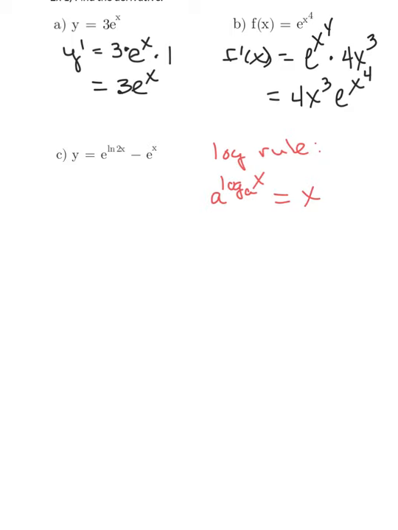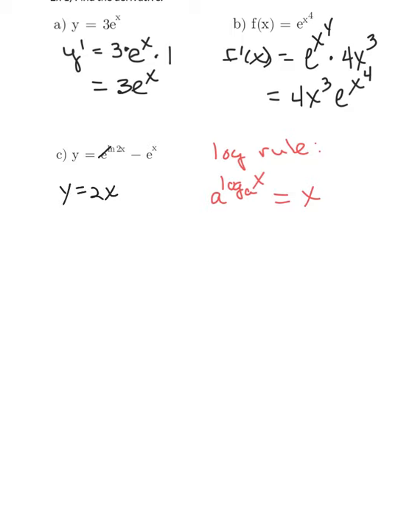So before we even begin the derivative on C, we need to recognize that a natural log is a base of e. So we have an exponent that has a base of e, and the base of the exponent is e. So, if you will, these two cancel each other. It's not really canceling, but that's what we like to say.